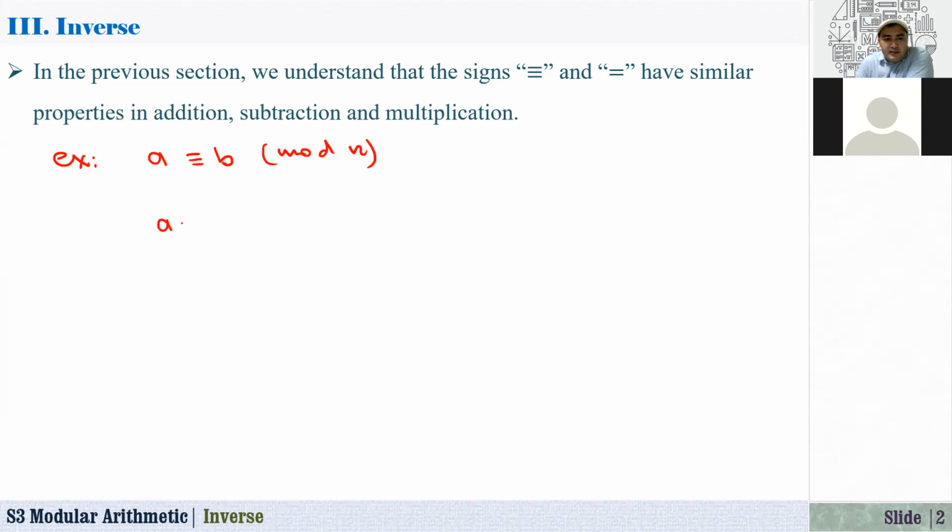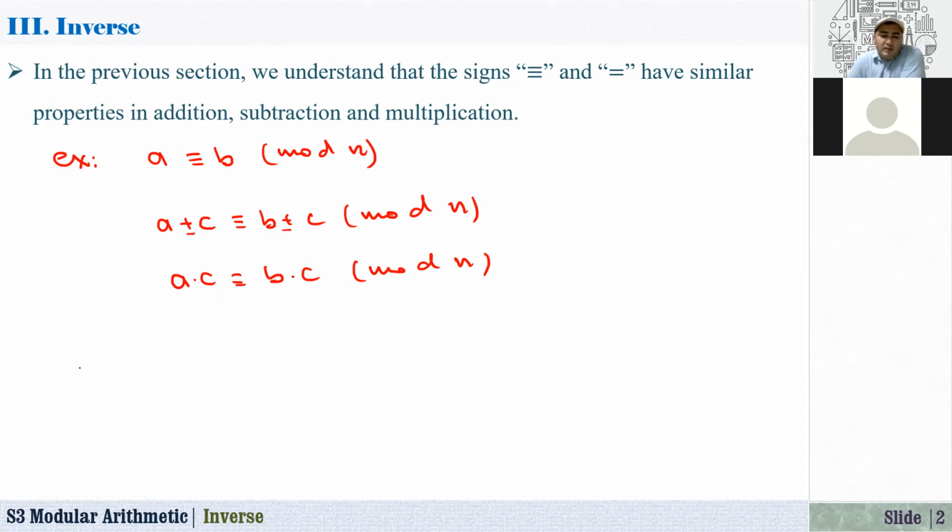For example, A plus C is congruent to B plus C mod M. And also, if you multiply by the same number, A times C is still congruent to B times C modulo M. And if you subtract, we get the same thing, okay?